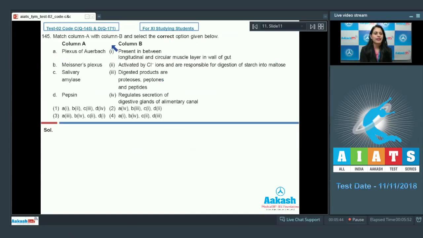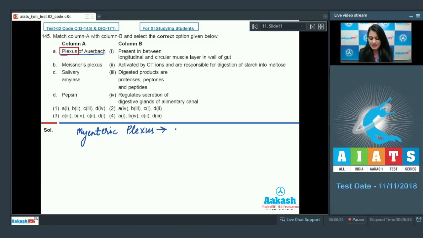Question number 145. Match column A with column B and select the correct option given below. In column A, the very first option given is plexus of Auerbach. And what do you mean by plexus? Plexus is a network of nerve fibers, and this plexus of Auerbach is also known as myenteric plexus.